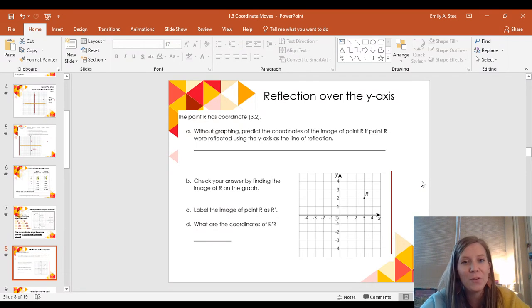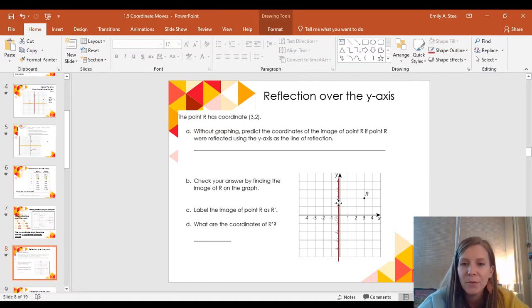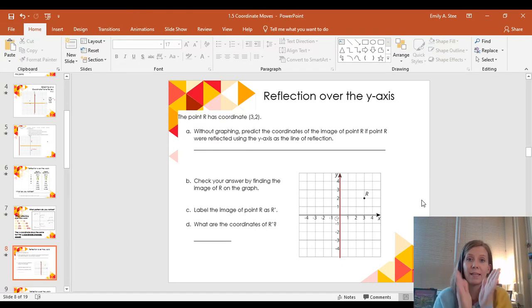Quick review before we look at that: our red line that I have used to trace over our y-axis is, again, the vertical axis. Right now I'm going to pause while you figure out without graphing where you think it could be.